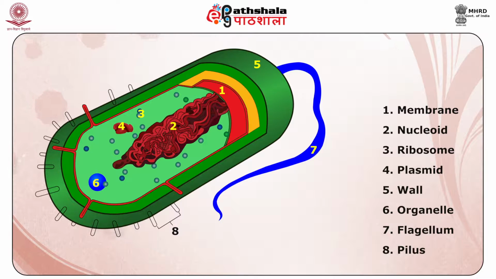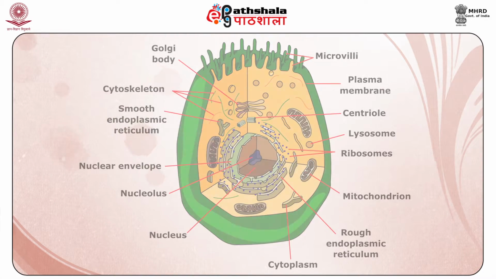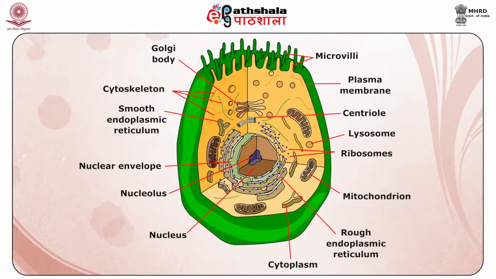Bacteria fall into this group and are usually called single-celled organisms. The second group, called eukaryotes, have additional compartments within their cells enveloped by a single or double lipid membrane. These compartments are called organelles.